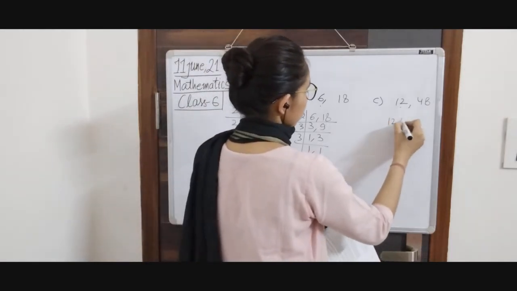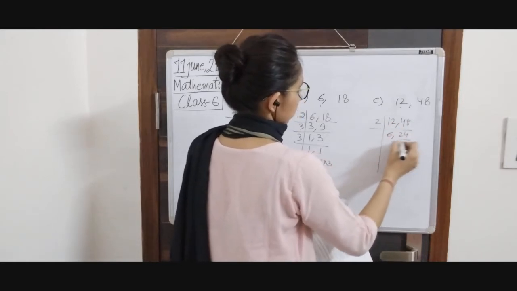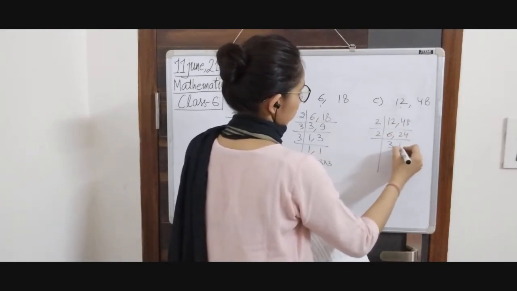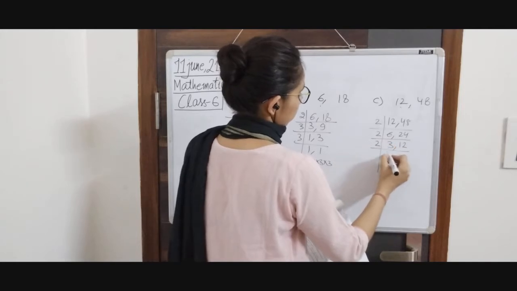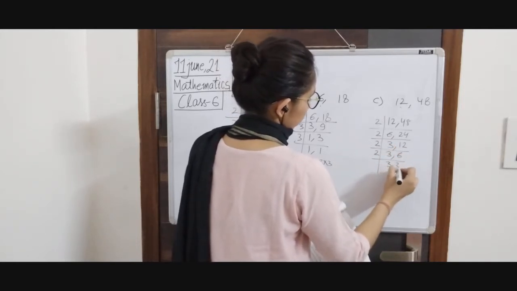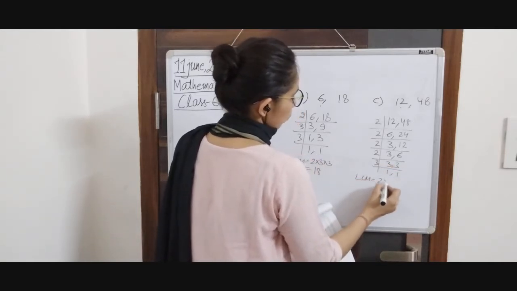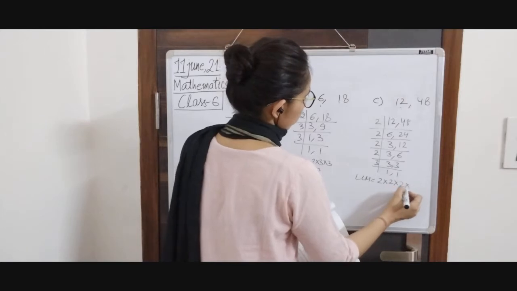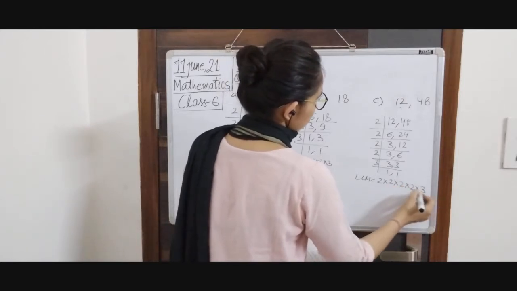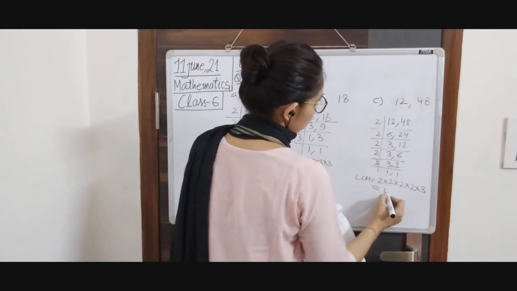And for 12, 48, LCM is going to be 2 into 2 into 2 into 2, 4 times 2, and 3: 2 to the 4 is 16, times 3 is 48.